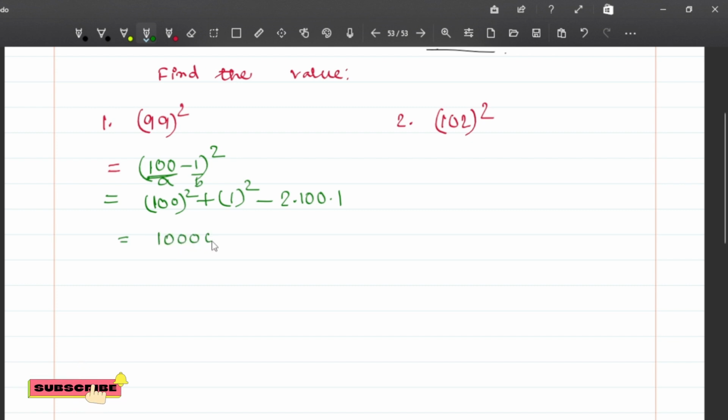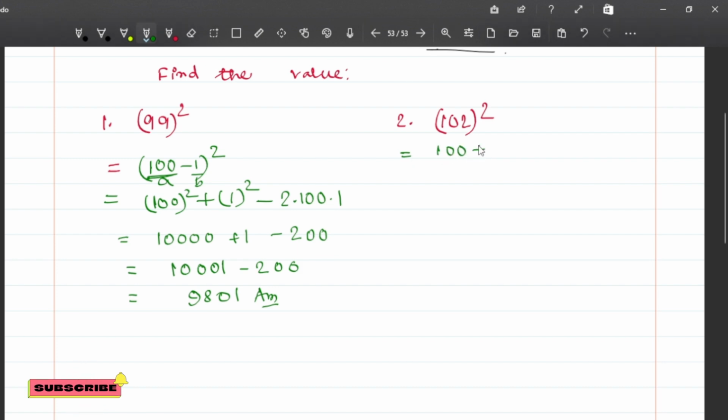So 100 square means 10,000, plus 1, minus 200. So do the calculation, just an easy calculation. This is your answer.